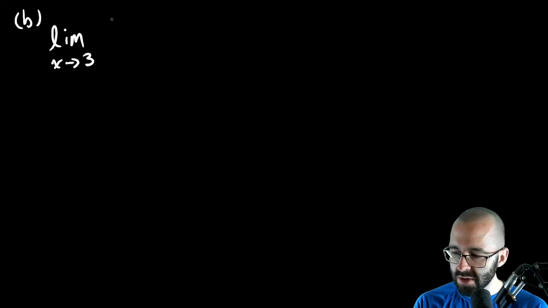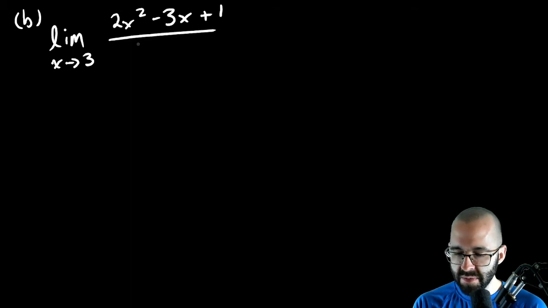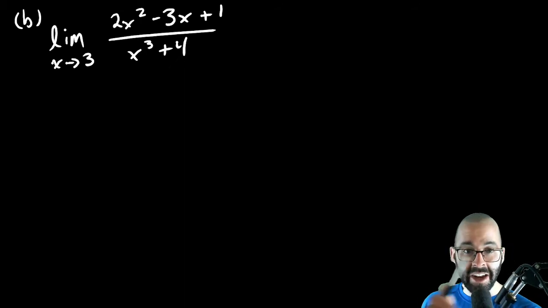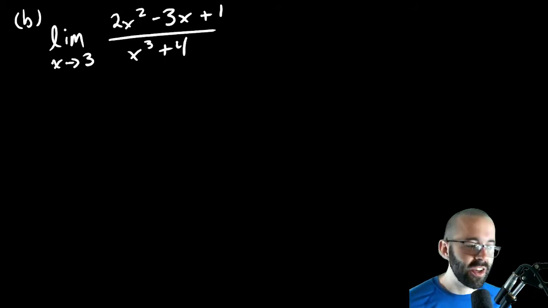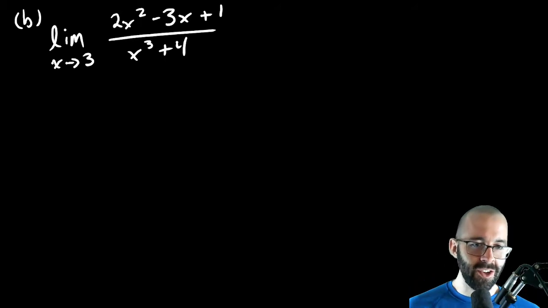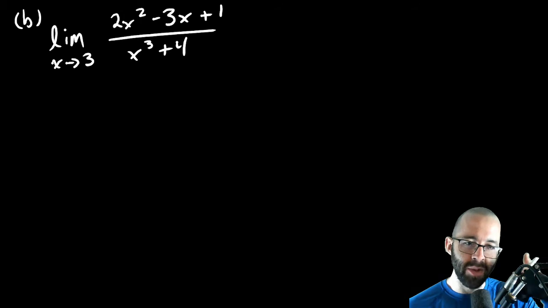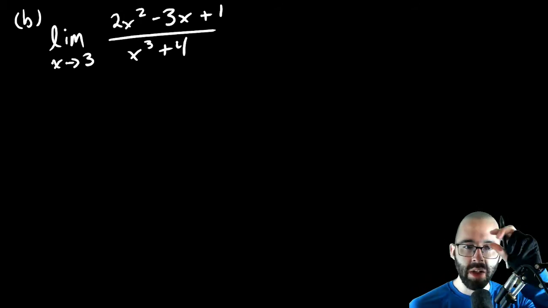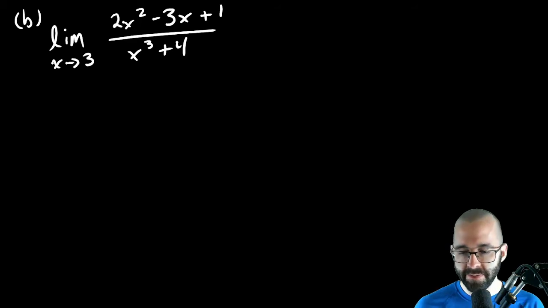The limit as x approaches 3 of 2x squared minus 3x plus 1 divided by x cubed plus 4. This one's going to take a while. But in the next video, we're going to introduce a new limit law that makes this problem much quicker. This is a rational function, which means it's a polynomial divided by another polynomial.